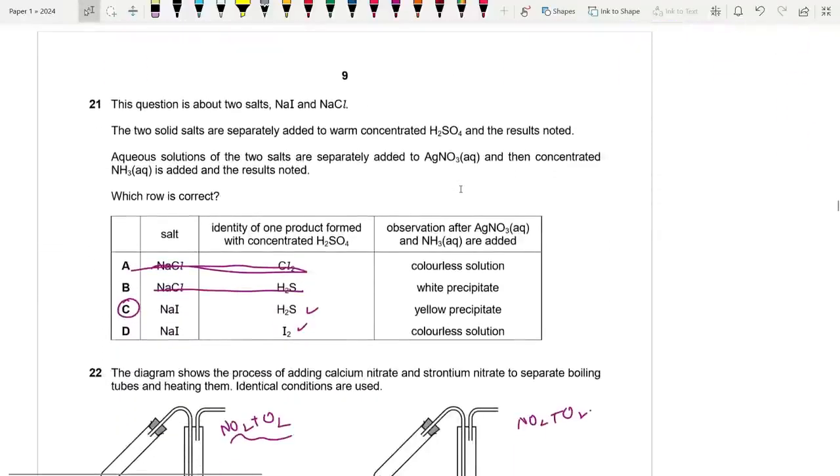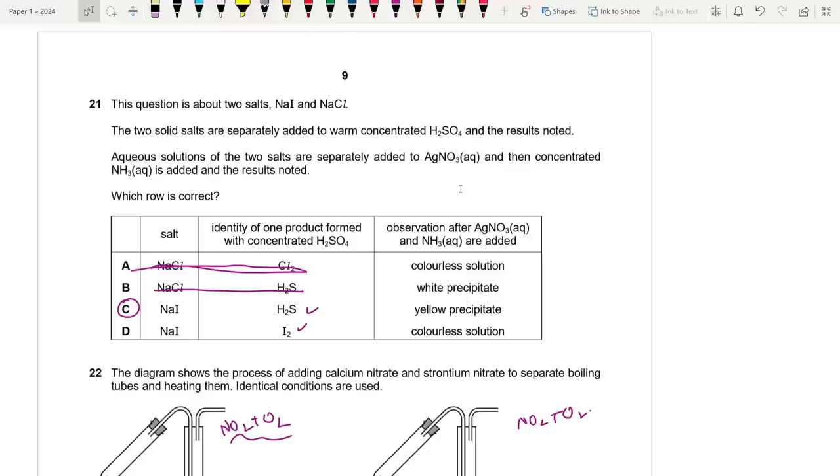Number 21, this question is about two salts, sodium iodide and sodium chloride. The two solid salts are separately added to warm concentrated H2SO4 and the results are noted. Aqueous solutions of the two salts are separately added to silver nitrate. Okay, so you guys need to understand something. This is a question on group 17, halides.